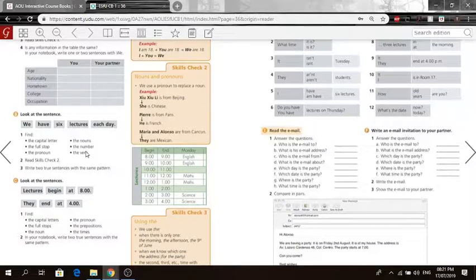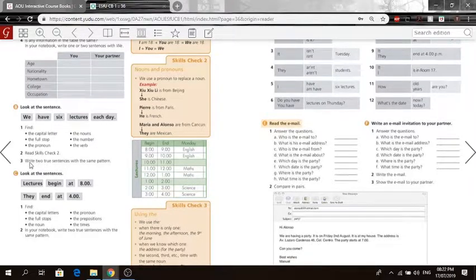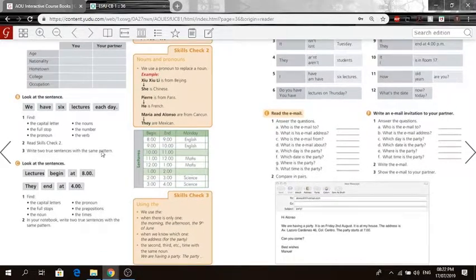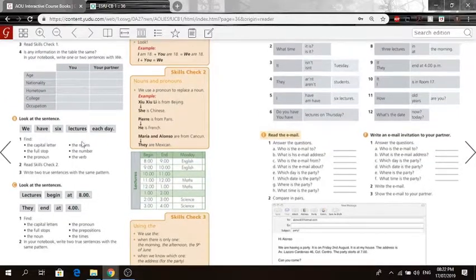Okay, the verb, each day, and we have the number, which is 6. Okay, already read skills check 2. Now write 2 true sentences with the same pattern. Okay, you guys can write that and get back to this video. We already did that in the beginning, so if you wanted this extra practice, that's fine.